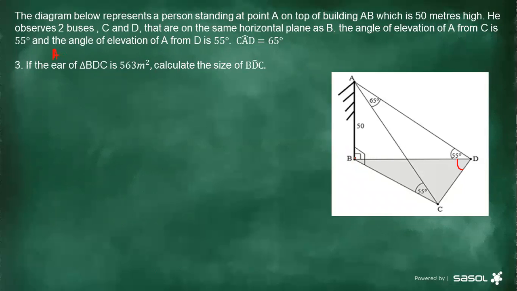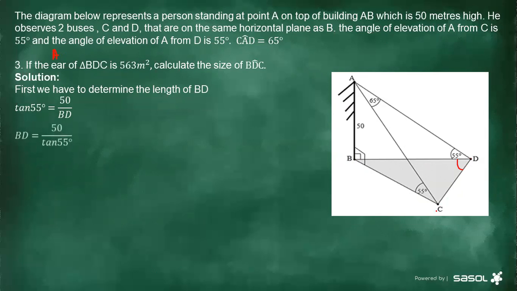We should have the length BD and the length BC, so that we meet the condition of having two sides and one angle between those two given sides, so that we can apply the area rule.